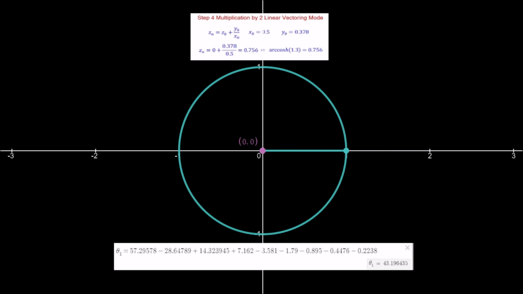So we're going to have our 0.5 and a value for Y 0.3766. So now what we want to do is we want to use vectoring mode, so the value for our yi has to tend towards 0. So let me go ahead and I'll add and subtract off those angles to make that so.